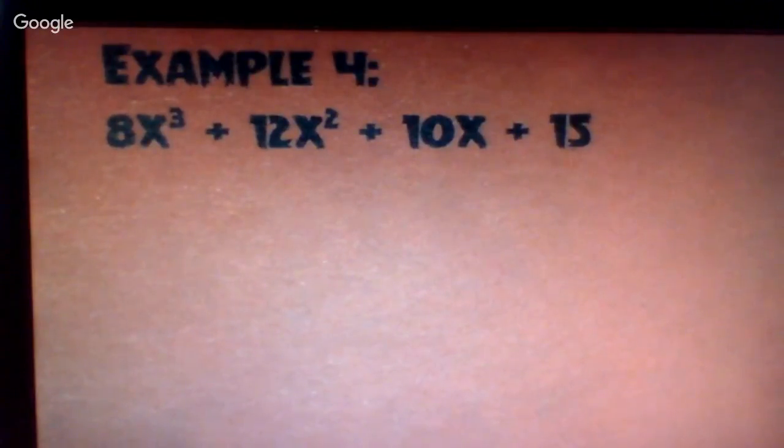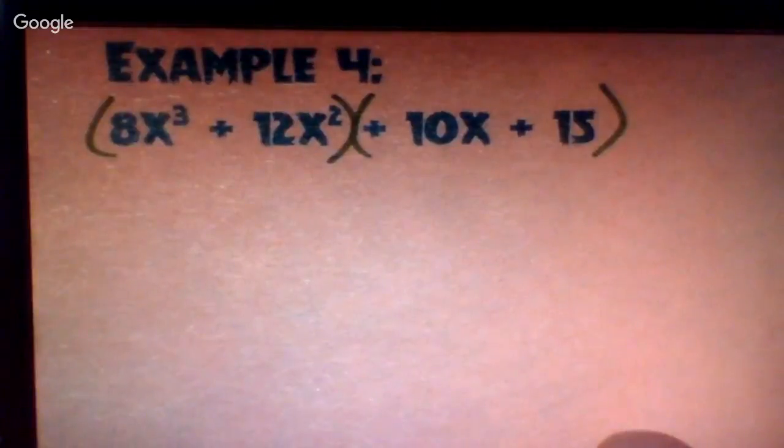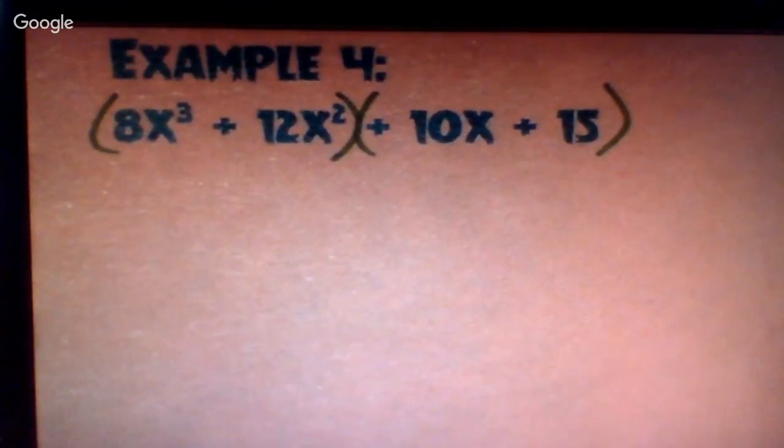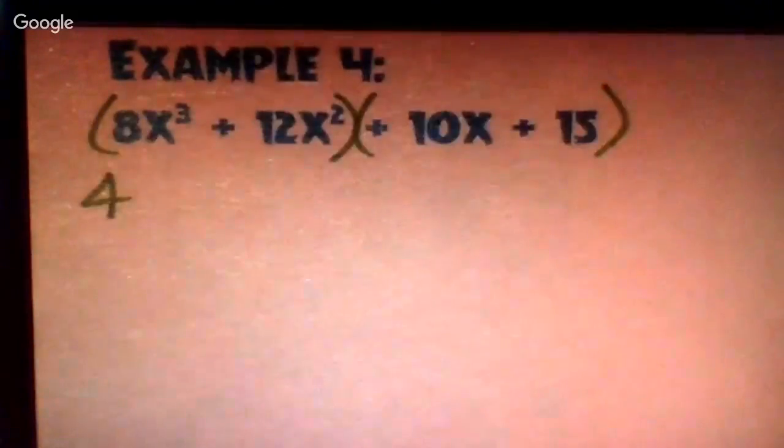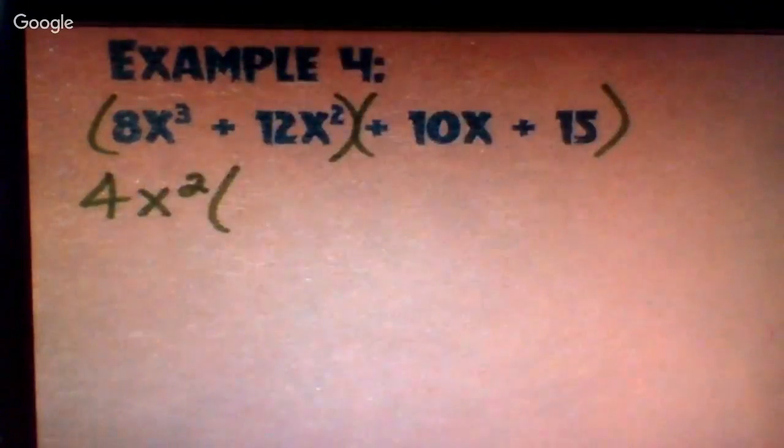When we did this first part, what did we factor out? What can we factor out of 8x cubed and 12x squared? 4. What else? x squared. So what did that leave me with? 2x plus 3.